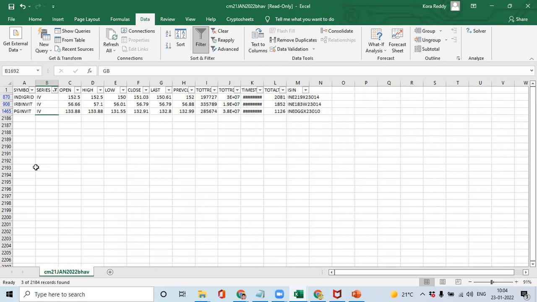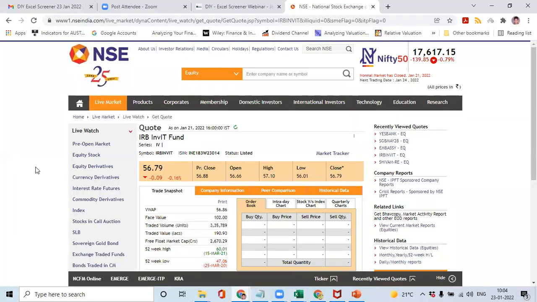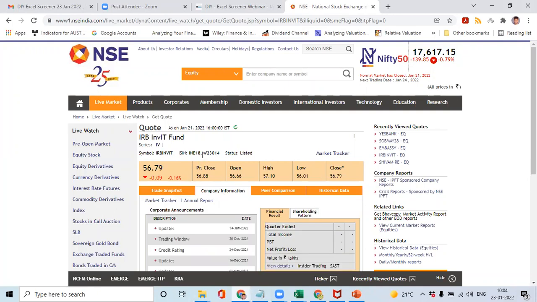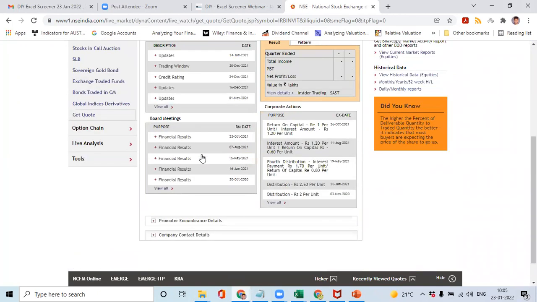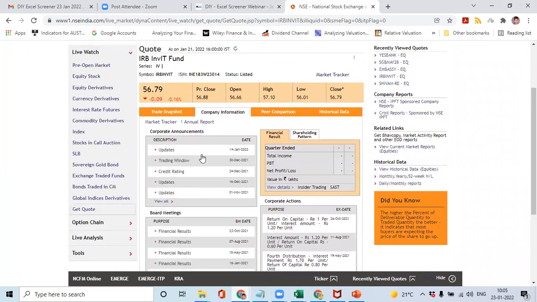Okay, you don't need to tell me all your personal stuff, but these are the three InvITs. They pay fairly well, the dividend payout. You can check out, right? So this is about 60 rupees now, right? So 57.